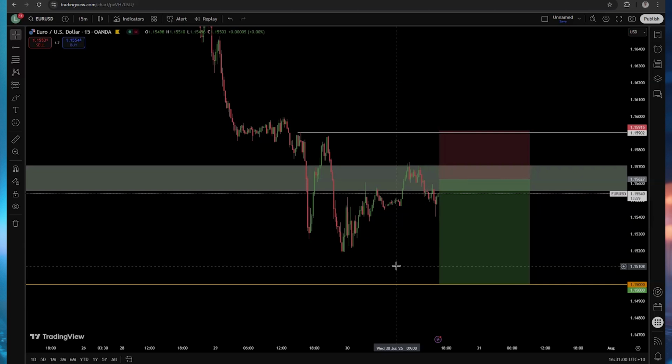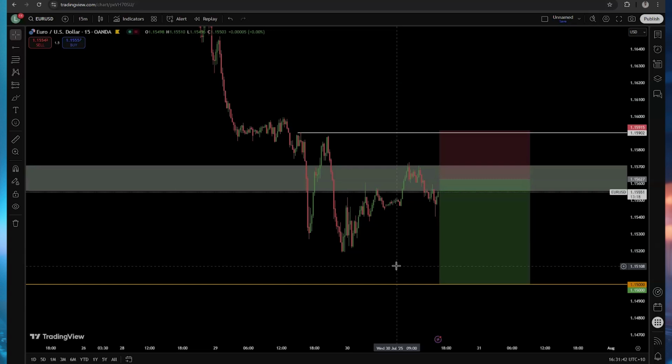We do have the Bank of Canada. It's not going to impact the US dollar directly, but because the US dollar had a huge partnership with Canada, there is also a possibility of the market selling or buying US dollars on the Bank of Canada.